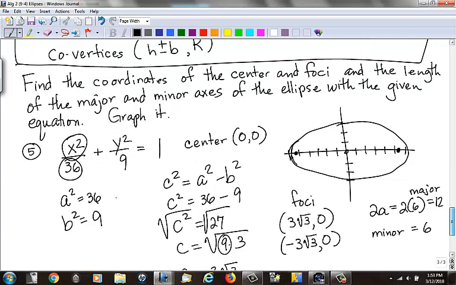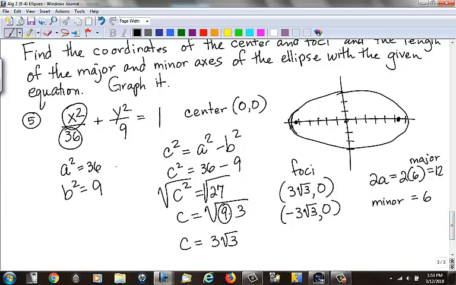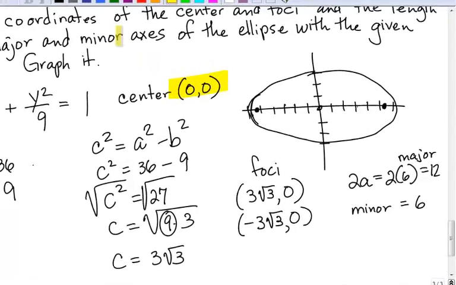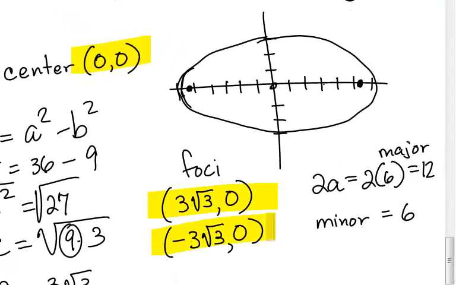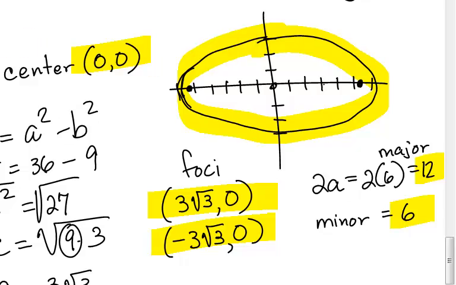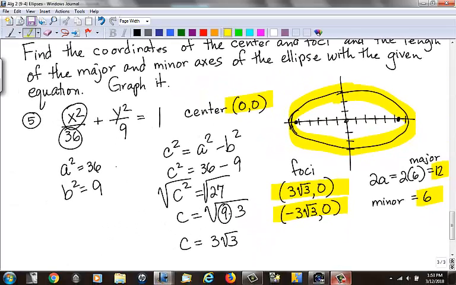And we've got the lengths, and we've graphed it. Okay, so they asked for the center. Help your grader out. They asked for the 2 foci. They asked for the length of the major and the minor, and they asked you to graph it. Okay? Any questions on that now?